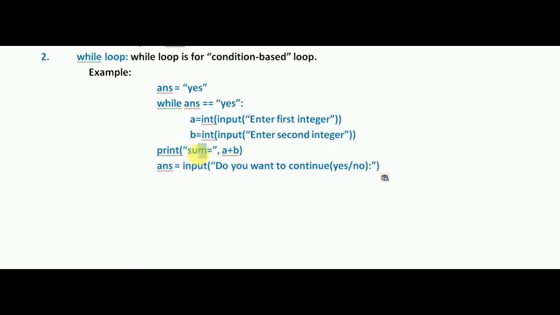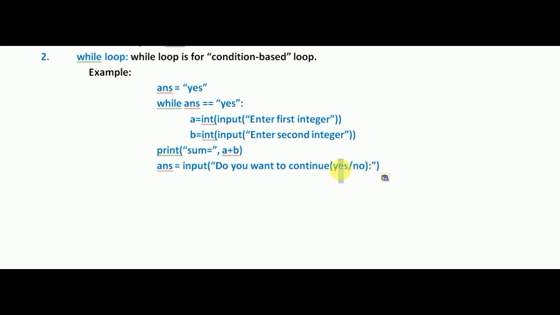Here sum is the variable which contains the addition value of a plus b. Now ans equals input of do we want to continue, yes or no. This statement lets the user enter the input as yes or no.